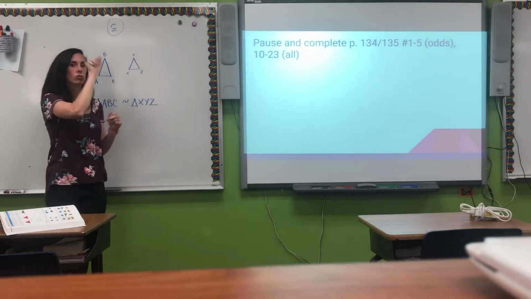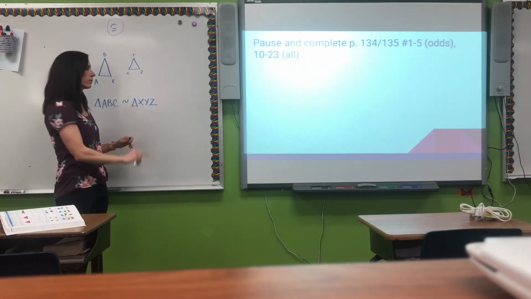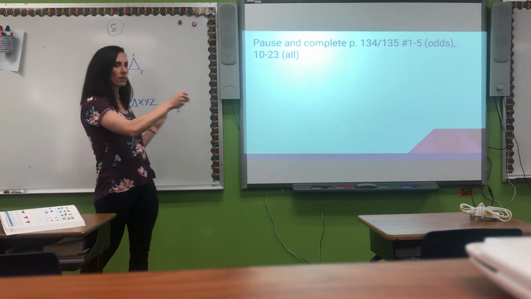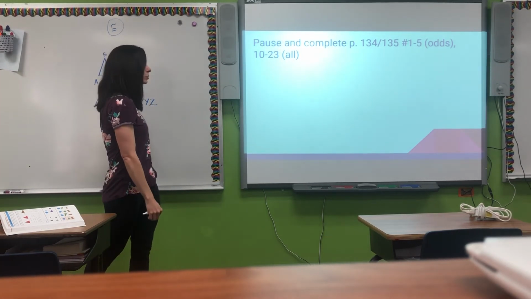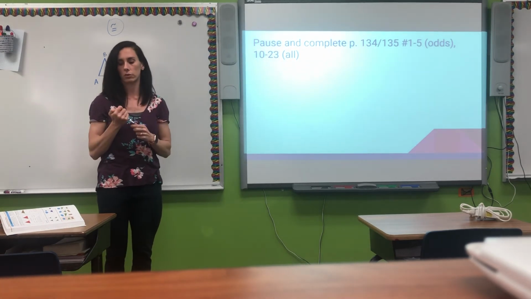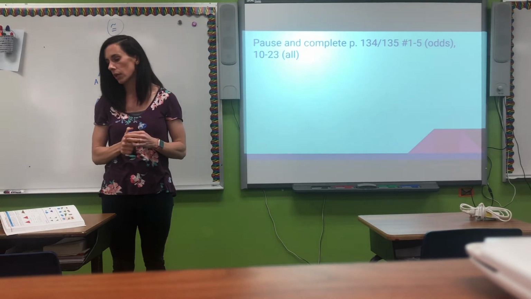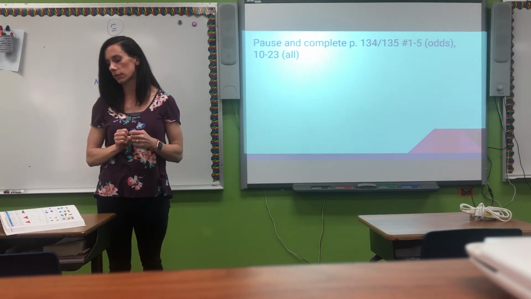So again, if it's a circle, use the little circle. If it's a triangle, use the triangle. Anything greater than that, you just list out the letters, put your symbol in the middle, list out the other letters.